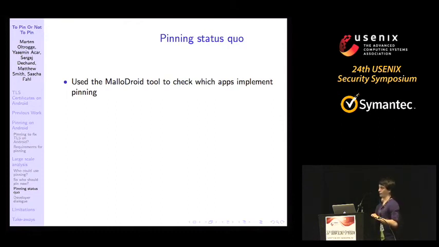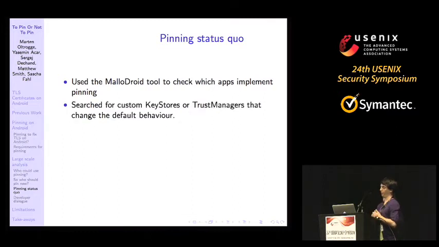To answer that question, we used Melodroid, which is a tool we developed for our CCS 2012 paper, and we extended it. We were interested in finding apps that implemented custom key stores.